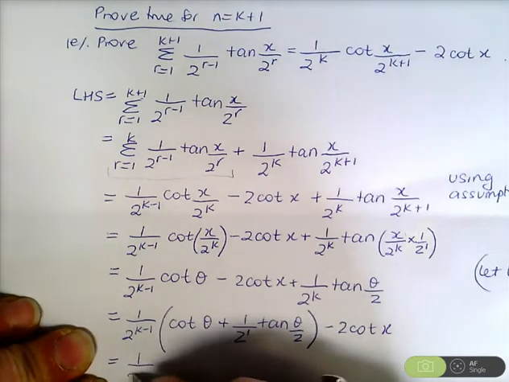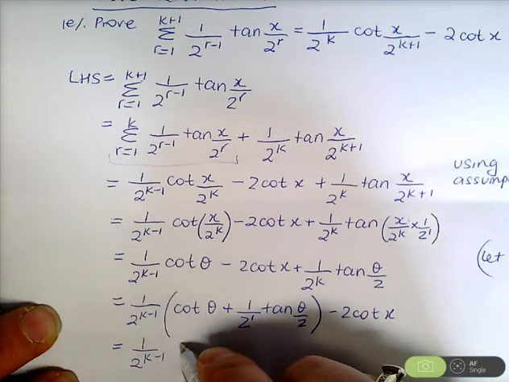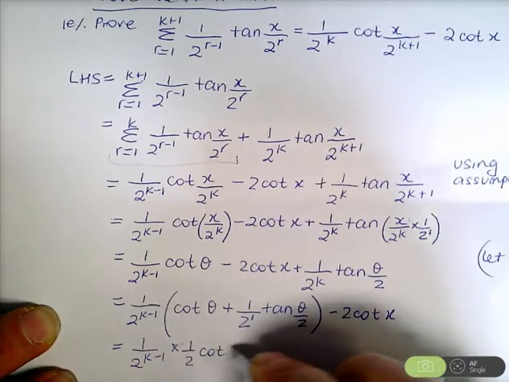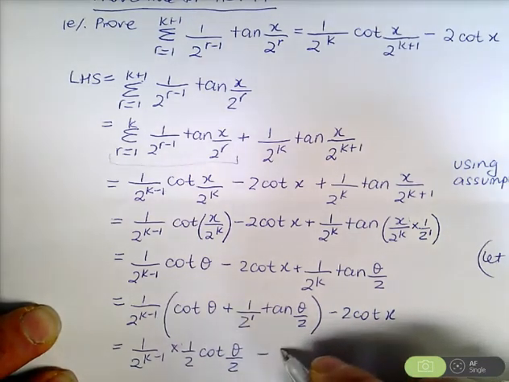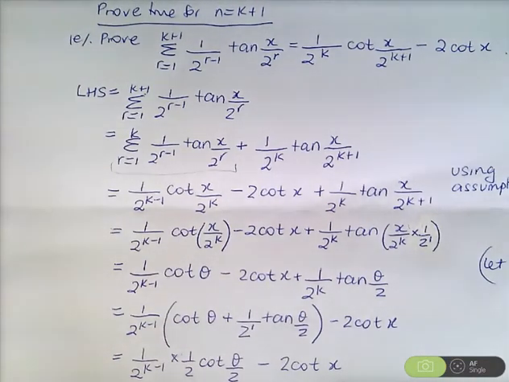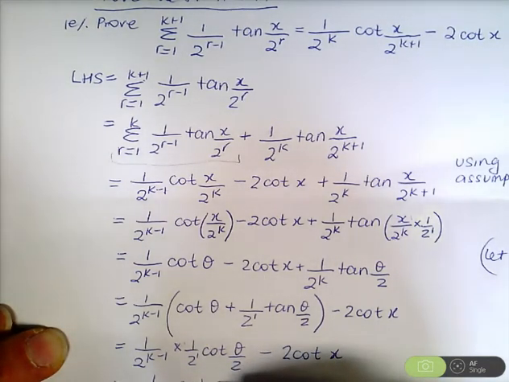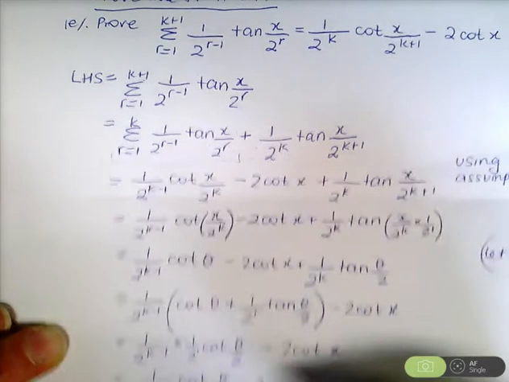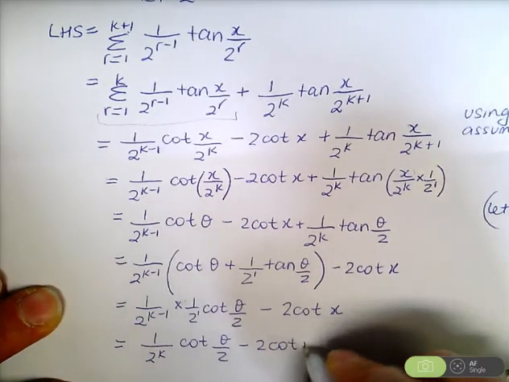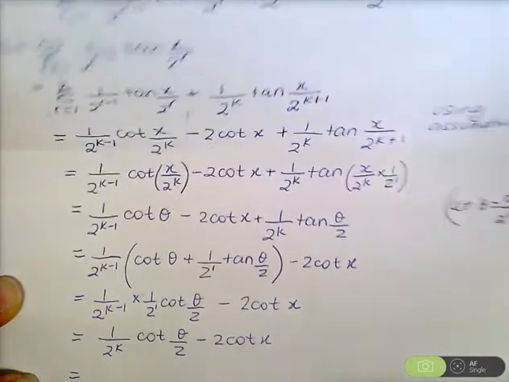So making this substitution from part 1, we've got 1 over 2 to the power of k minus 1 times a half cot theta on 2 minus 2 cot x, which is equal to 1 over 2 to the power of k minus 1 plus 1, which is 2 to the power of k, times cot of theta on 2, minus 2 cot x, and we know that theta equals x over 2 to the power of k, so we're just about there.